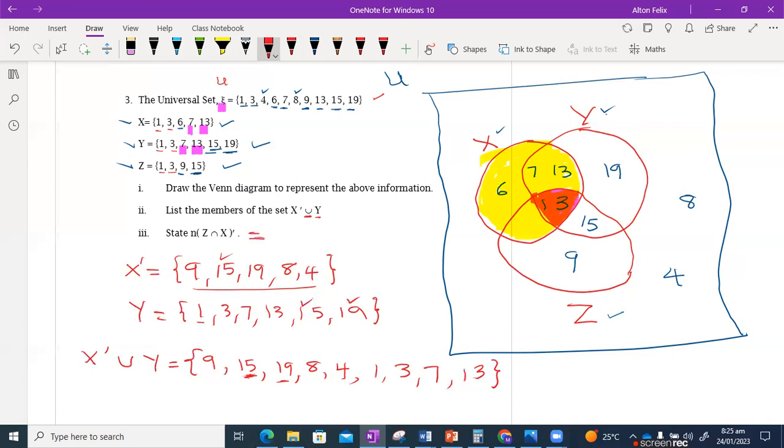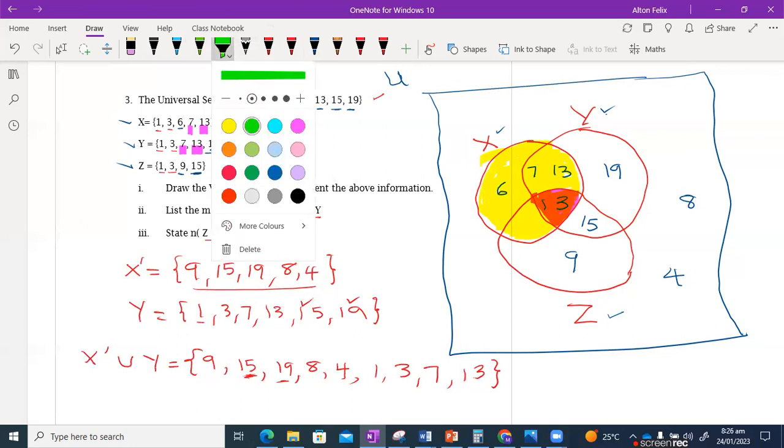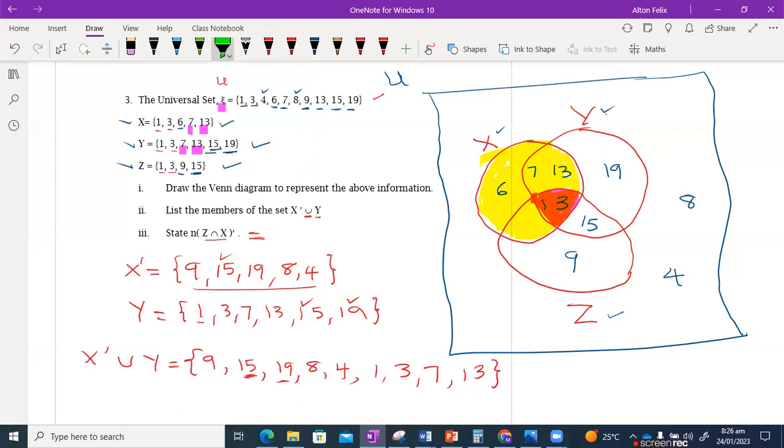What you do, first of all, let's isolate Z intersect X. Z intersect X will be that region common to both Z and X. So let's find the set Z, there it is. And let's find the set X. Let's see where they overlap. They overlap right here. That's the common region right here. Z and X only. Right. So that's the common region.